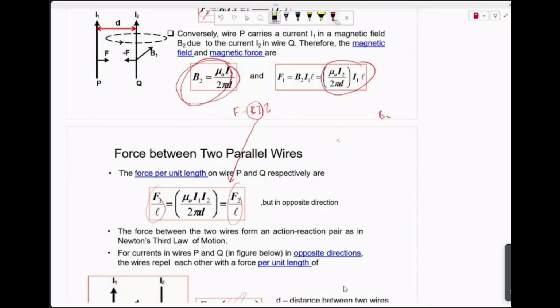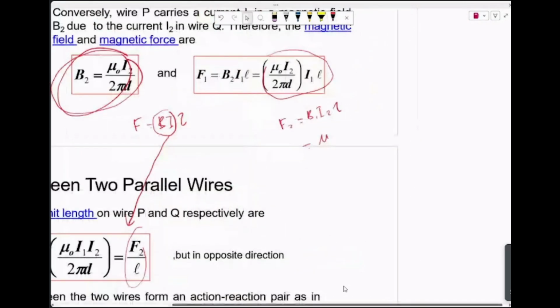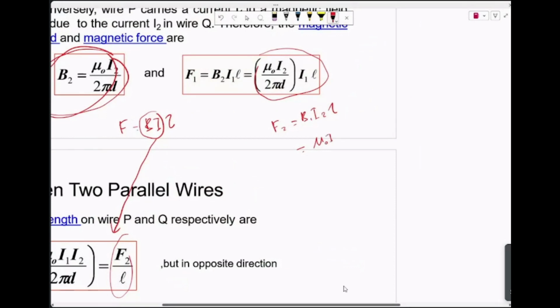Kalau saya tengok sini, saya tunjuk. So what we have is F1. If I were to determine F2, I end up with this. If I were to make F2, this one will become B1, I2, L. If I put in the value of B1, this is mu naught I1 over 2 pi D. Okay, D is the distance between the two wires.